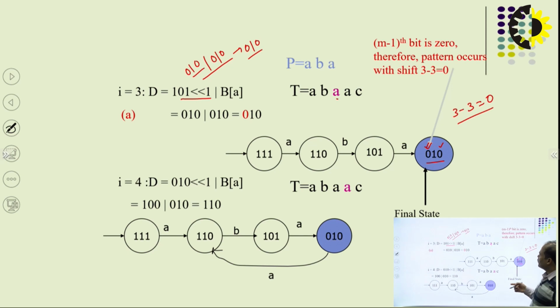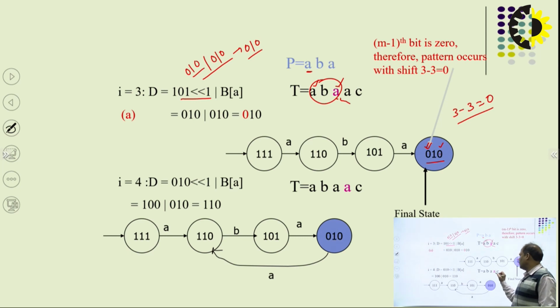The first bit was representing A, right? This means that once we got ABA, that means 2 bits are 0. That means A is also a suffix and a prefix. Look here, A suffix and A prefix. So this is storing suffix and prefix information.